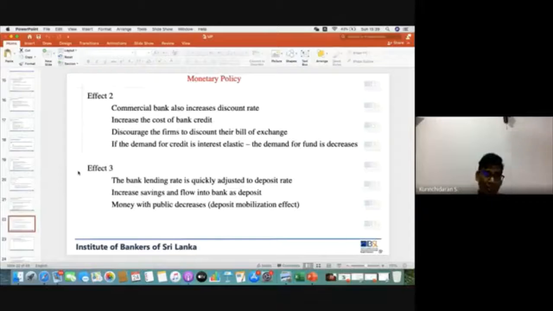Second, effect two, the demand for credit decreases. And third, the deposits increase, then money with the public decreases. So in all three ways, money supply is restricted, right?